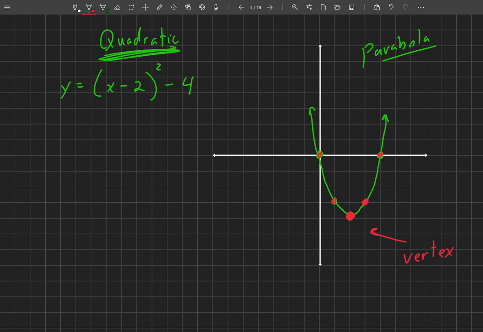You may have heard that if you've taken geometry or something, it usually means the corner of something. But in this context, it's the bottom of that U shape, that parabola. That vertex is at the coordinate... What coordinate is that? That is an x value of 2 and a y value of -4.